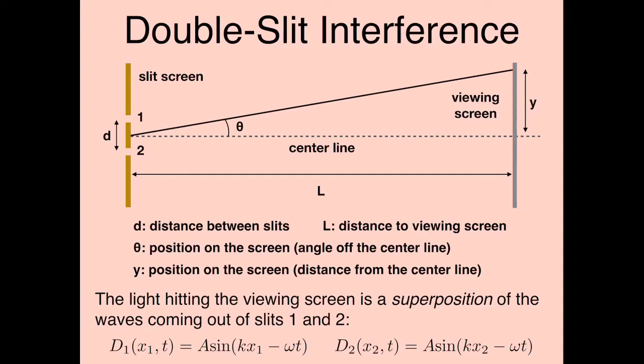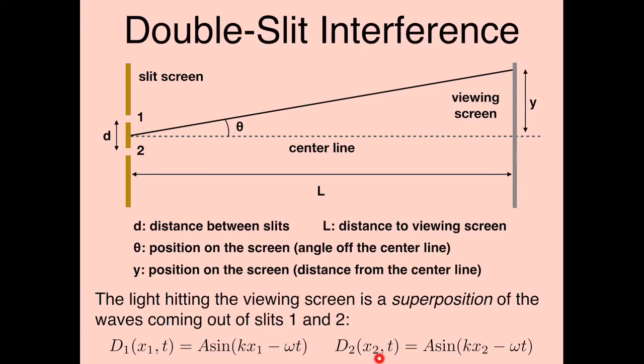Now, the light that's actually hitting the screen, remember, is a superposition, or an addition, of two waves. One is coming out of slit number 1, the other is coming out of slit number 2. So we're going to write down an equation for each of those two waves. For the wave coming out of slit number 1, we have d1 as a function of x1 and time equal to A times sine of (k x1 minus omega t).